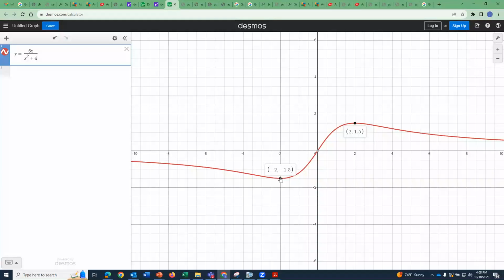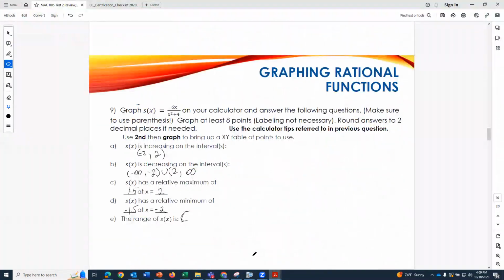That means the range will be from -1.5 to +1.5, because there is no y value greater than that and no y value lower than that. That's the range.